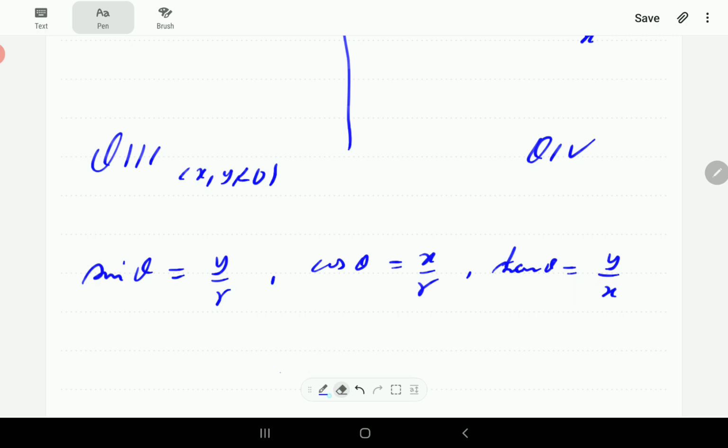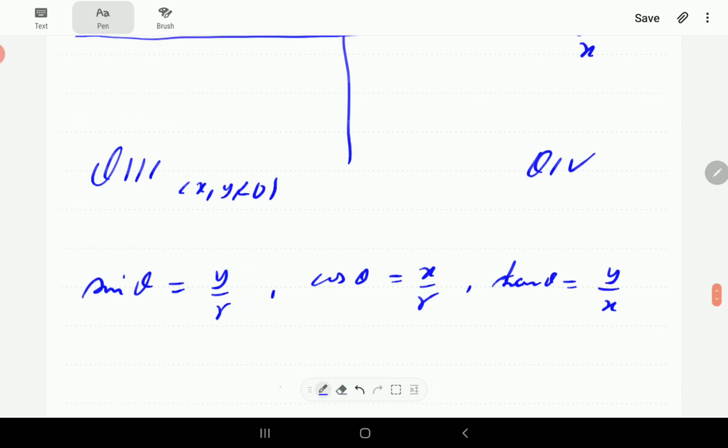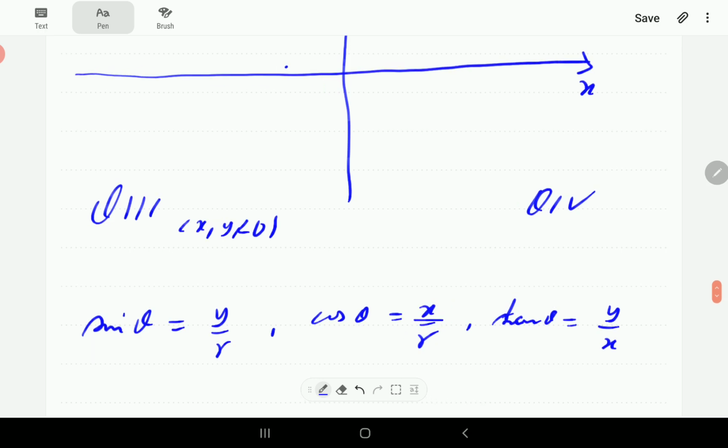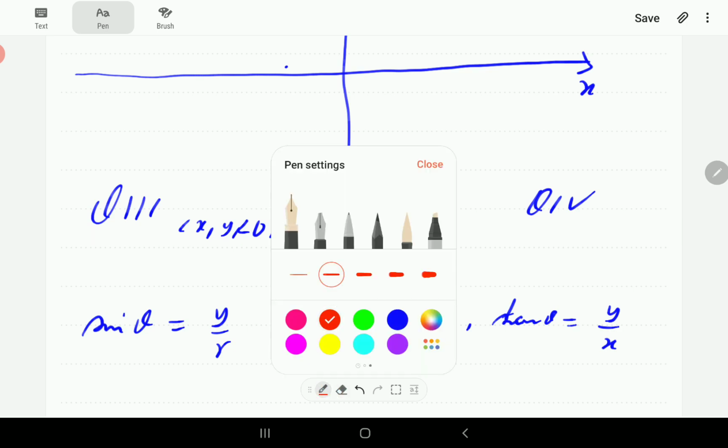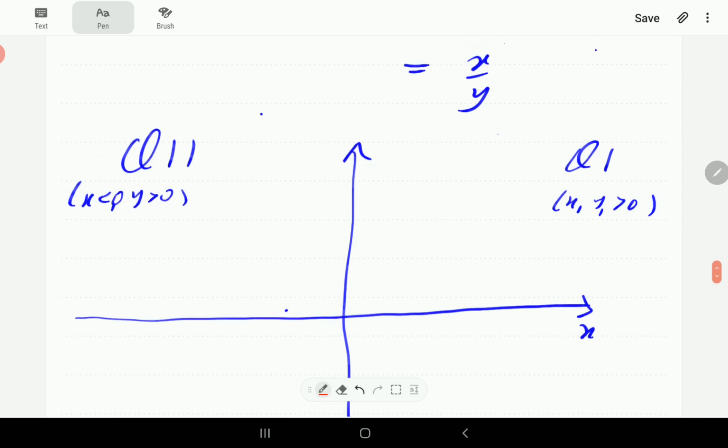So if we look at the first quadrant, both x and y are positive. That means sine is going to be positive in the first quadrant. Cosine is also going to be positive, and tangent is also going to be positive. So in the first quadrant, all of them are going to be positive. So I'm going to write here, all are going to be positive. Sine, cosine, and tangent are all positive.